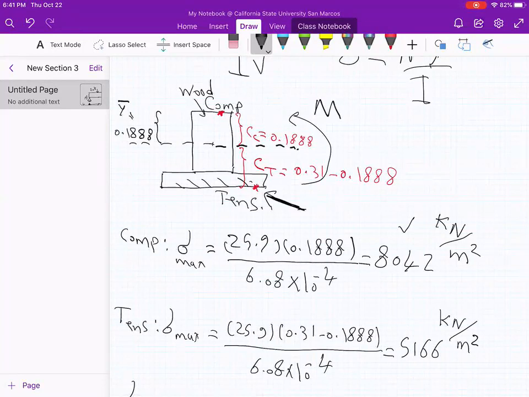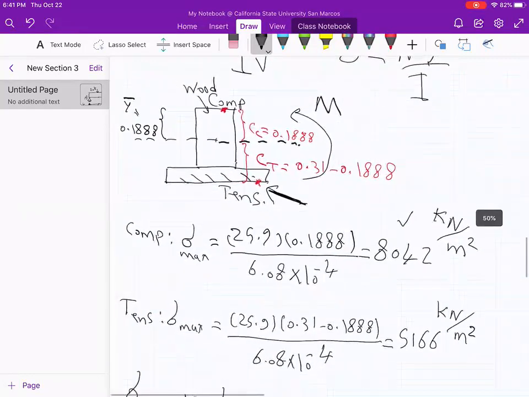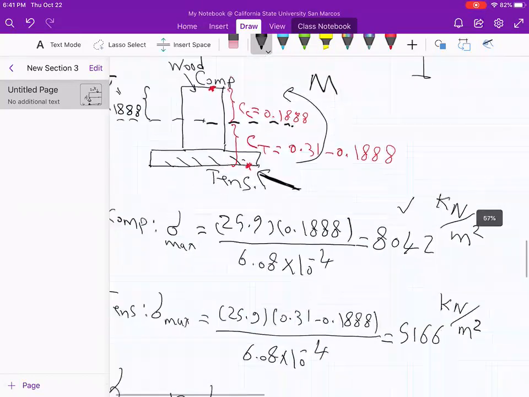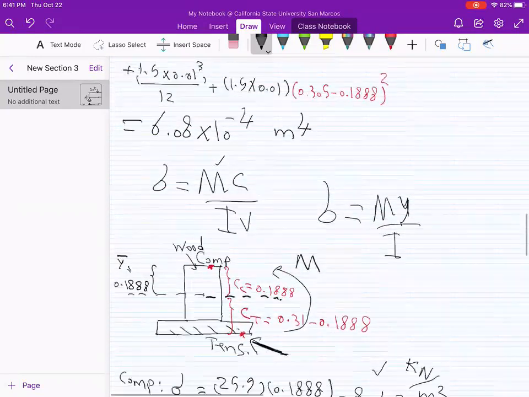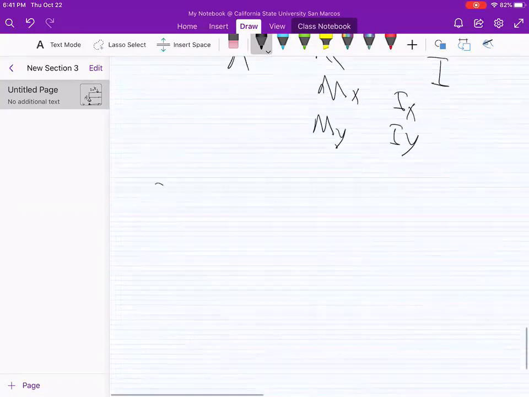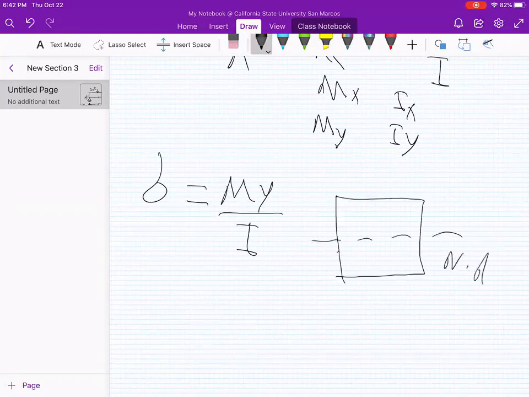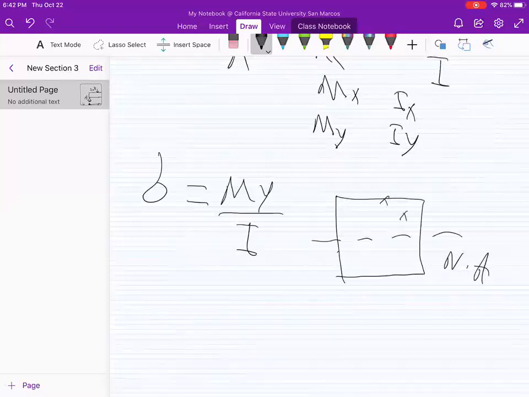Is y the same thing as c? Where it's the moment times c over I, and at the bottom you put the moment times y over I. Is y the same as c? Yeah, usually sigma equals M y over I. If you have a section like this, and this is the neutral axis, y could be any point, could be here, here, here, any point could be y.